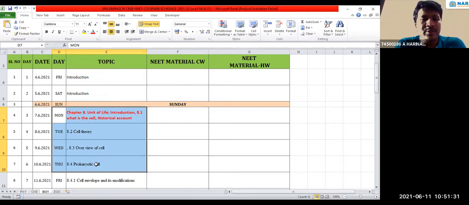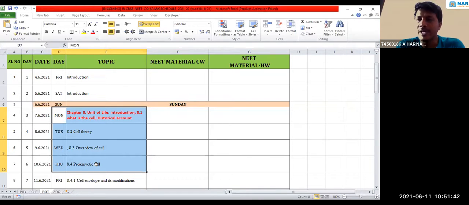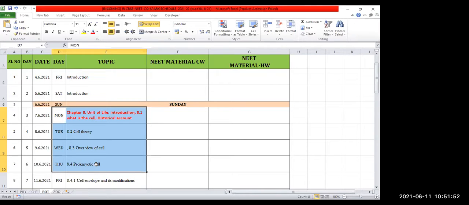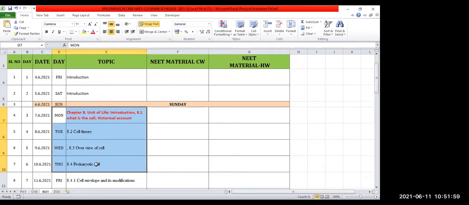So next Monday's exam is on cell theory, the review of the cell, and the prokaryotic cell, up to the inclusion bodies and gas vacuoles present in cyanobacteria. Next, green bacteria, purple and green bacteria. Cyanobacteria is a blue-green algae.